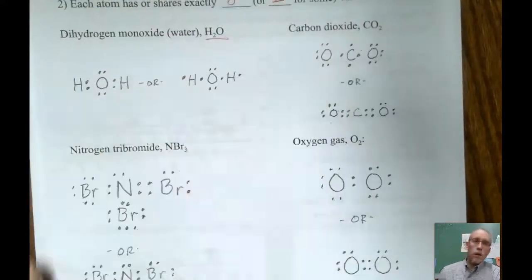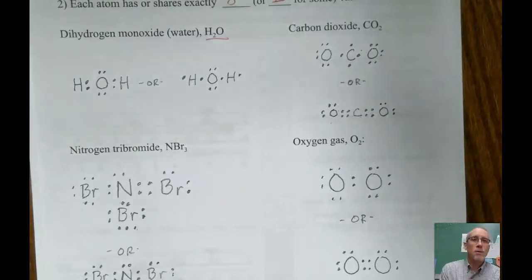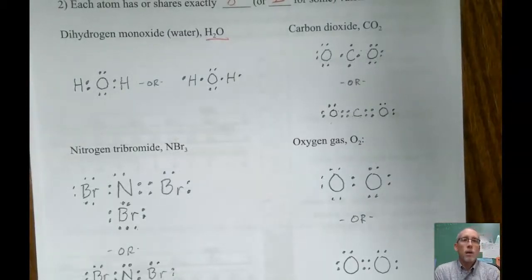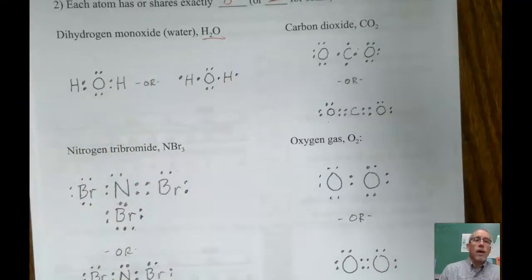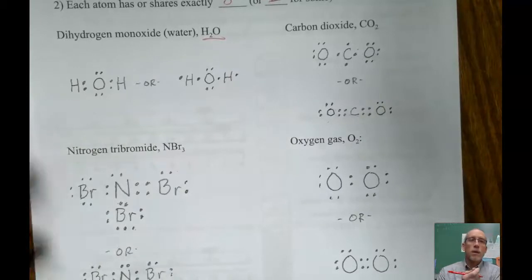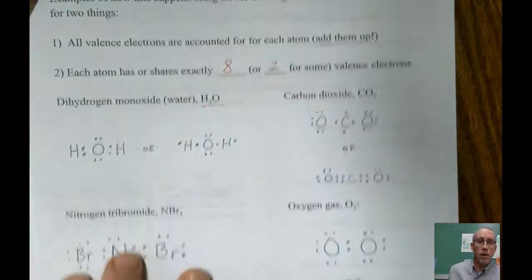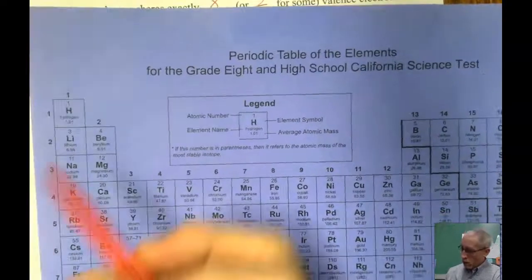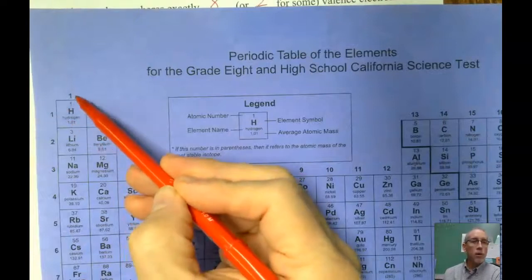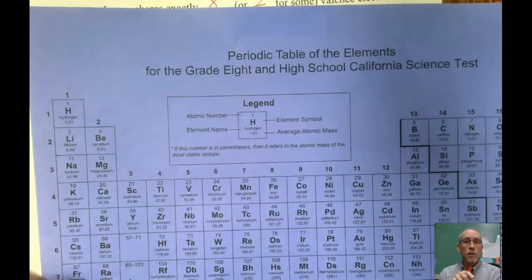So the fancy name for water is dihydrogen monoxide. That means 2 hydrogens with 1 oxygen. So to figure out what kind of arrangement of the 2 I gave you here will actually work, let's go through these 2 steps. First, let's account for all the valence electrons. This is where your periodic table or a good memory will be helpful. So for hydrogen, in group 1, every hydrogen should have 1 valence electron.